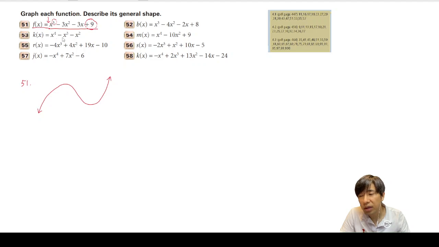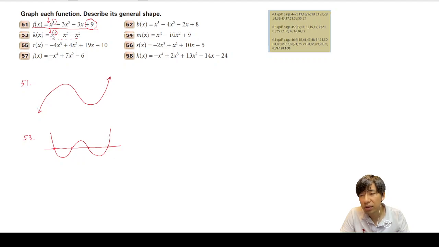53, that's a quartic function. The highest degree is 4, and the leading coefficient is positive. So this means it may have up to 4 x-intercepts. And in that case, you will have a function that looks like this, with the x-axis crossing this graph like this, with 4 intersections, meaning there are 4 x-intercepts.